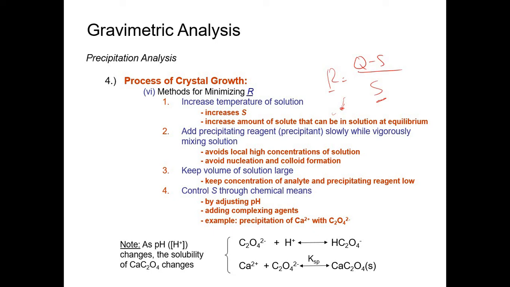Next is that we can keep the volume of the solution large. If you keep the volume of the solution large, it keeps the concentration of analyte and precipitating reagent low. If the concentration of analyte and precipitating reagent is low, then nucleation is less likely to occur.